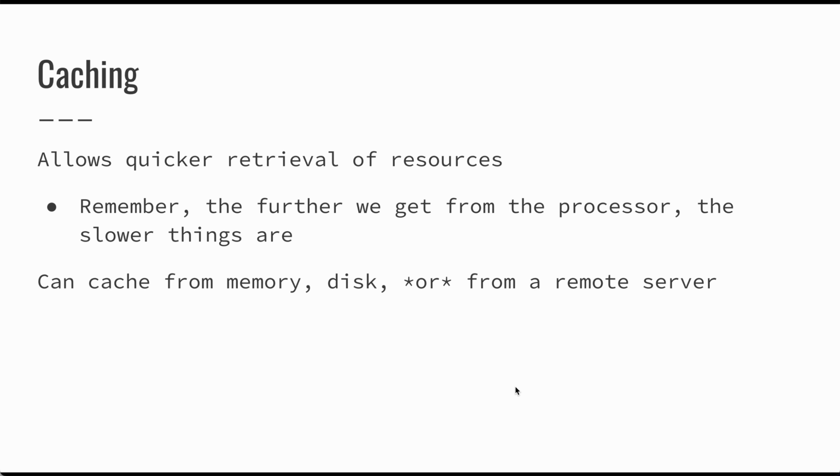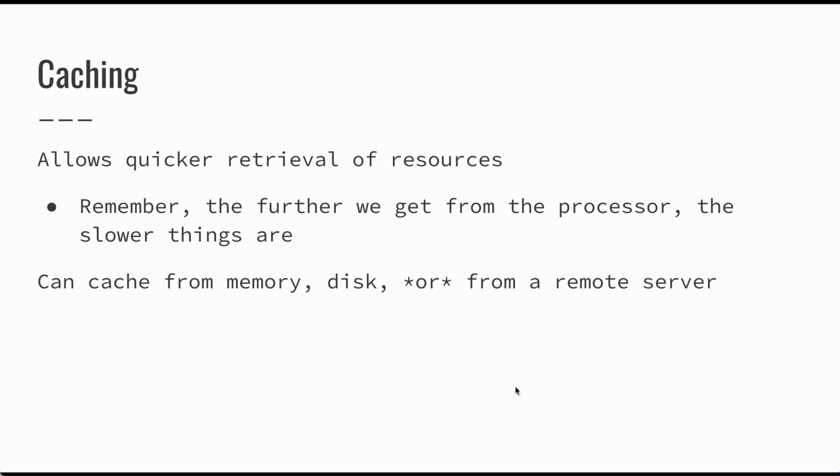Now, caching in general does allow us quicker retrieval of resources. The further you get away from your processor, the slower things are. If you know anything about processors, your processor's registers give very fast data access. There's pretty much nothing faster than accessing things from your processor's registers. But you can't put that much data there, so you use an L1 cache, which has a little bit more space.